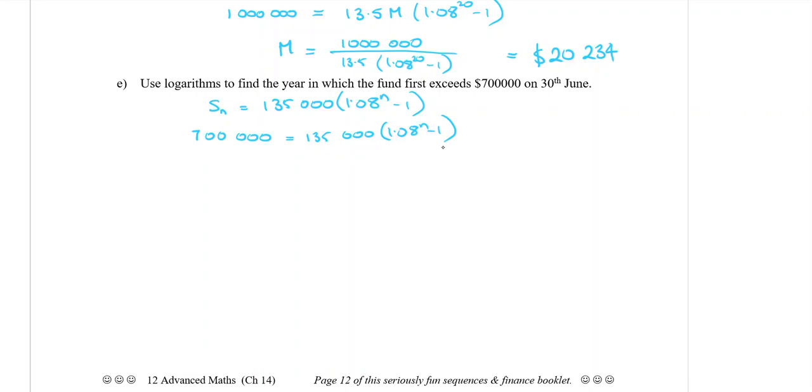Okay, divide the 135,000 across to the other side, and you don't want to round, because that doesn't go nicely. You don't want to round too soon, because when you're doing logs of things, rounding is going to make a significant difference sometimes in what your answer comes out as. So I left it as a fraction. If you do 700,000 over 135,000, I put down 140 over 27.